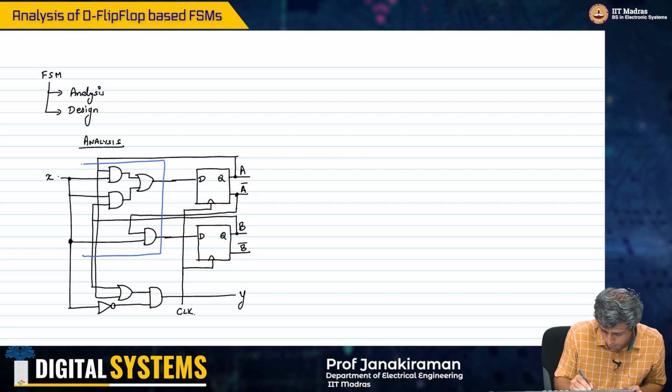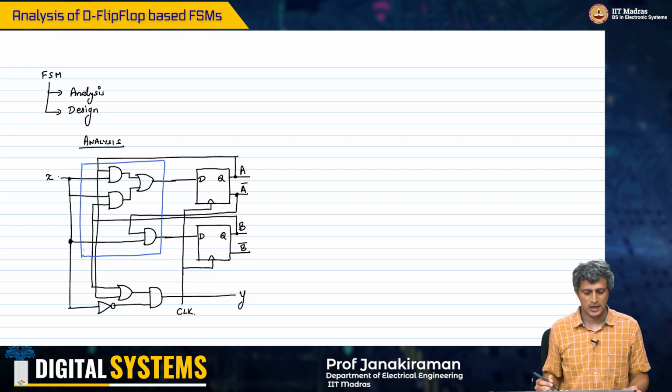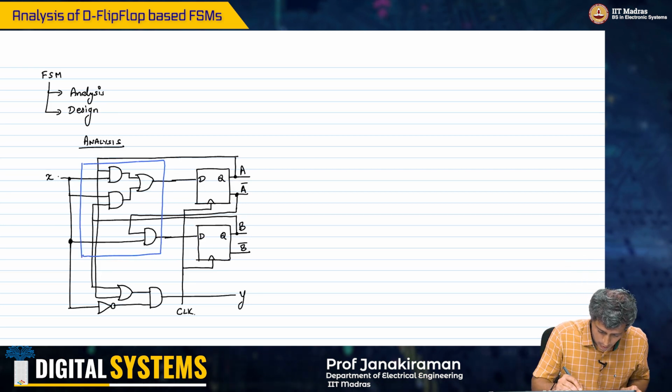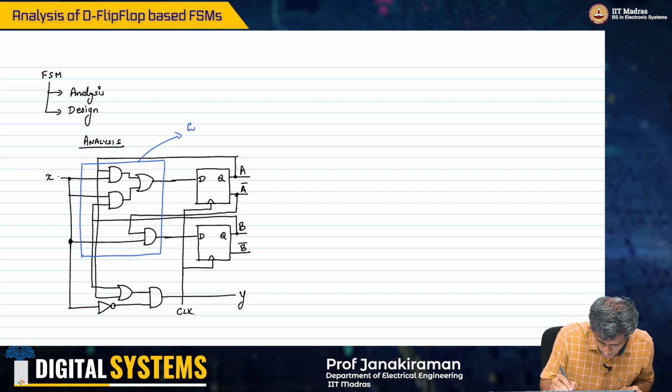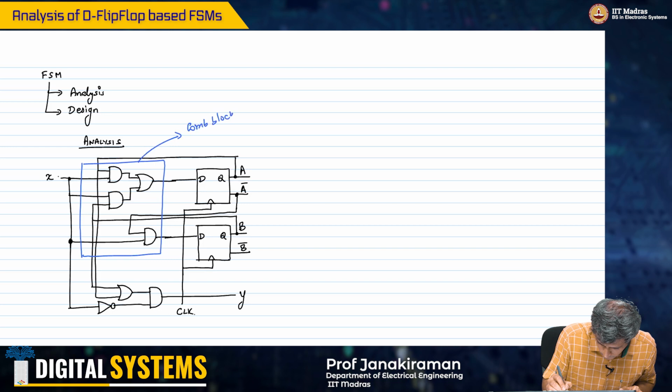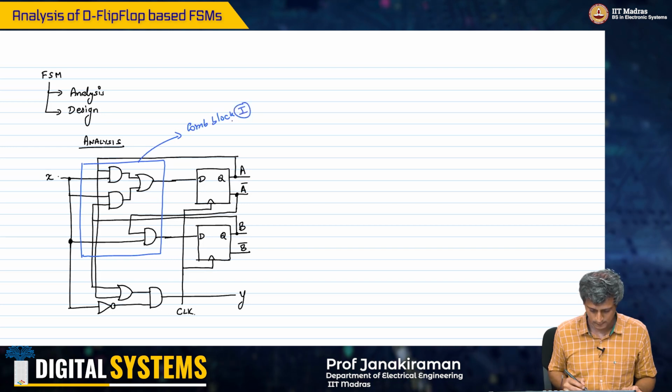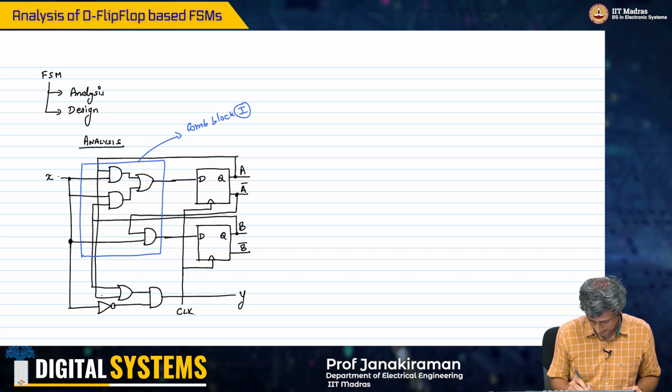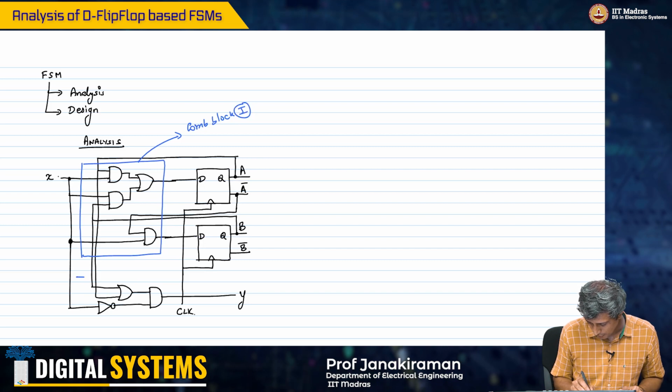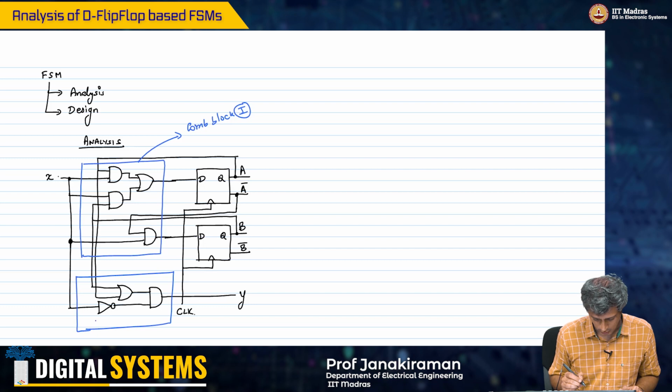If you look at this blue box here, it's what I would call combinational block 1. Okay, and this one is my combinational block 2.